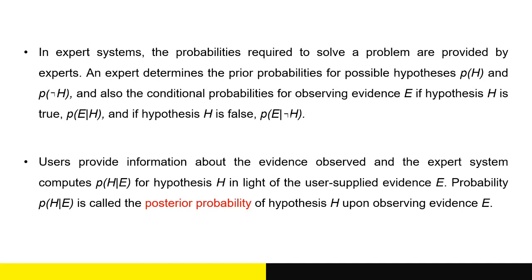Users provide information about the evidence observed and the expert system computes the probability of hypothesis given evidence for hypothesis H in light of the user-supplied evidence. The probability of hypothesis given E is called the posterior probability of hypothesis H upon observing evidence E. So posterior probability represents the updated or revised probability of an event occurring after incorporating new information or evidence.